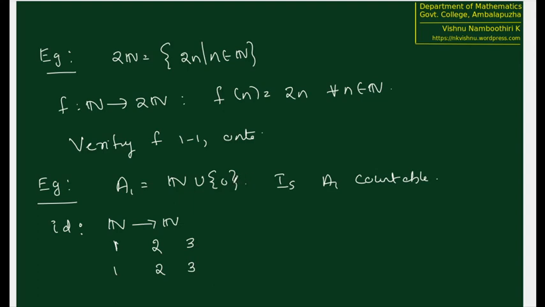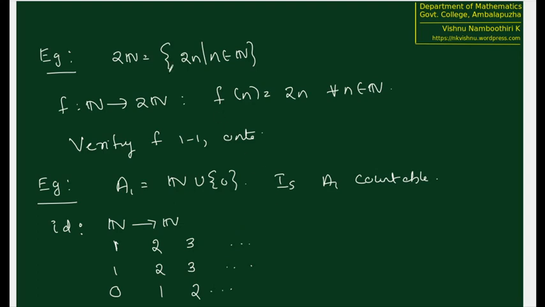If we bring 0 to the first position and push everything from 1 onwards one position rightwards, we will get 0 in the first position, 1 in the second position, 2 in the third position, etc.